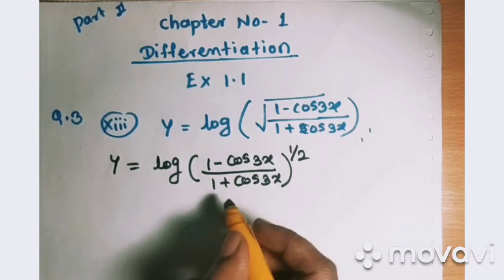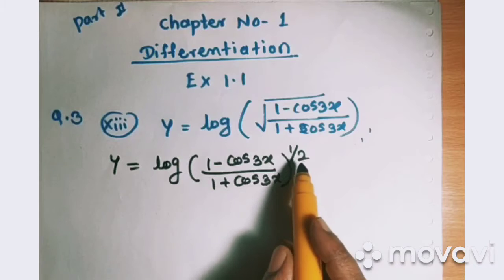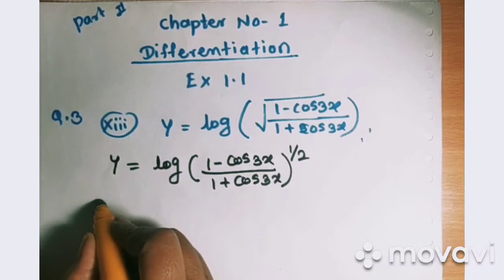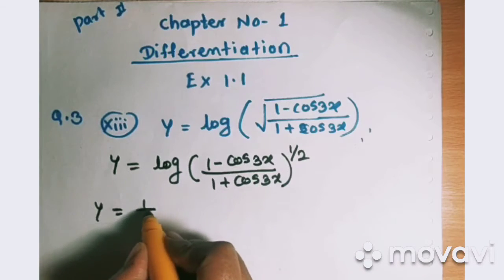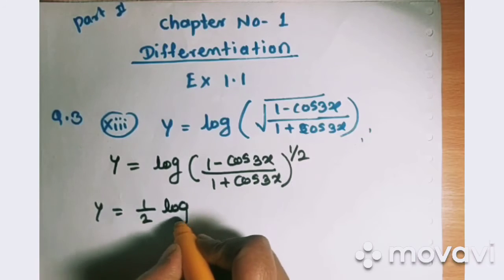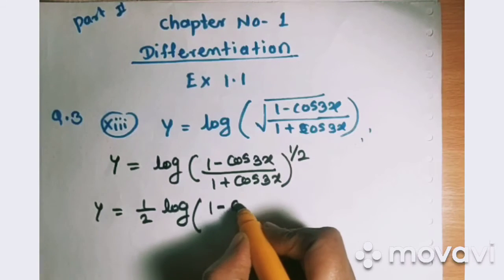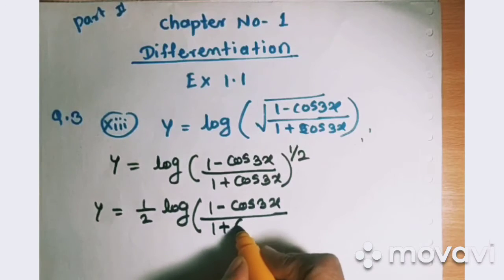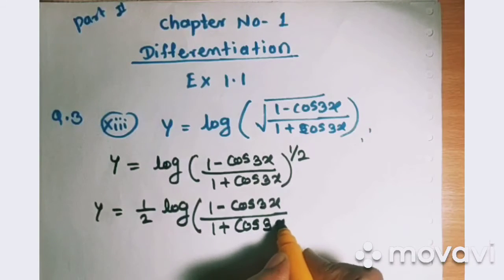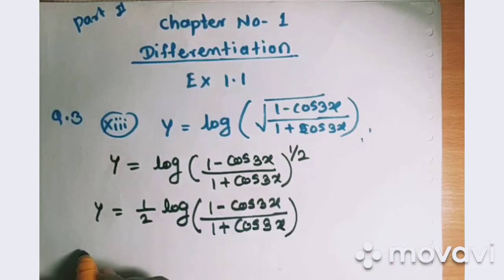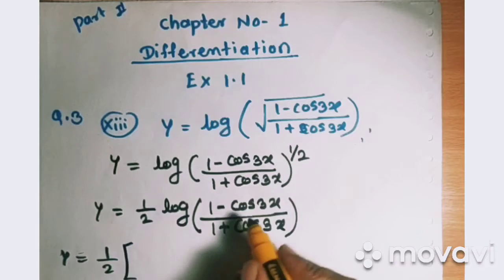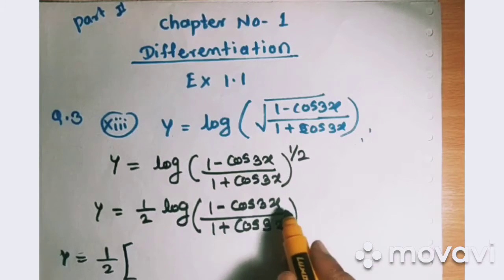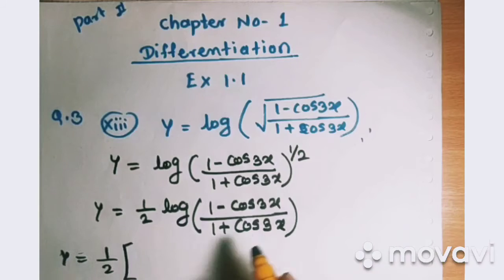Log of m raised to n is equal to n times log of m, where m is (1 minus cos 3x) divided by (1 plus cos 3x). So we keep 1 upon 2 as it is, and use the logarithm law again for the quotient, 1 minus cos 3x divided by 1 plus cos 3x.